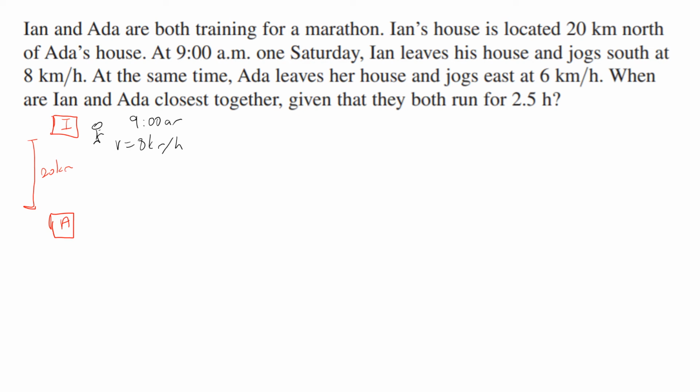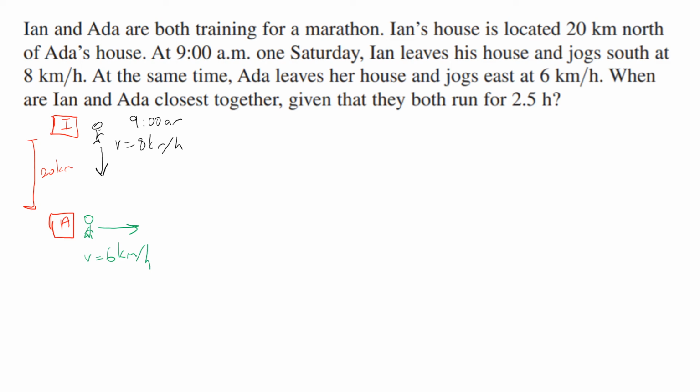At the same time, Ada leaves her house and jogs east at 6 kilometers per hour. So Ian is coming this way. I'm going to represent Ada with green. So this is my Ada, but she goes east, right? So she goes this way, and her velocity is 6 kilometers per hour.